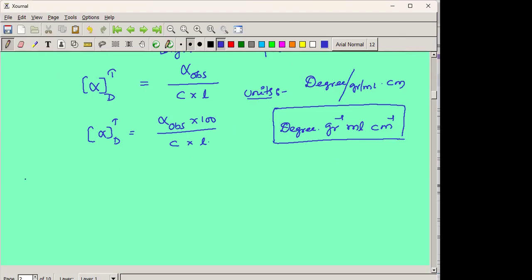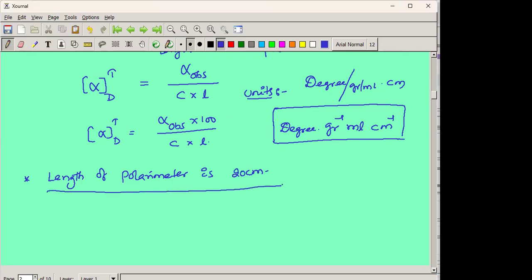Generally the length of the polarimeter tube is 20 centimeters.